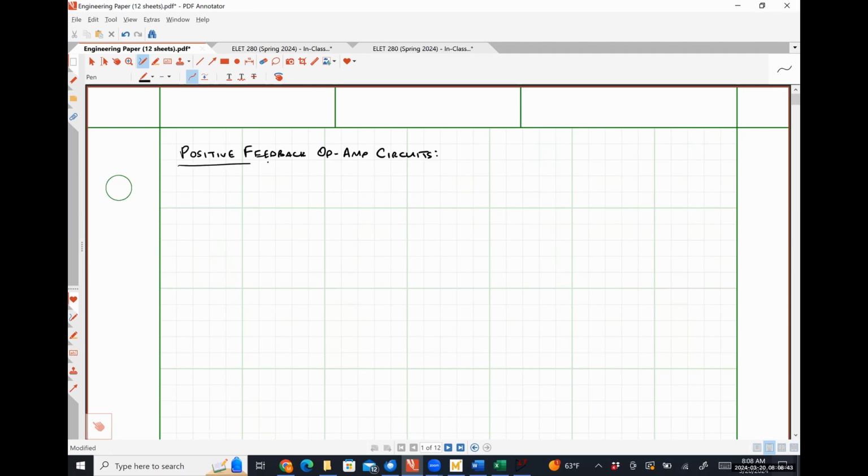The first class of circuits that we're going to look at is what are called Schmitt triggers. And we're going to look at both a non-inverting Schmitt trigger and an inverting Schmitt trigger. Okay. So let's start by drawing our circuit.